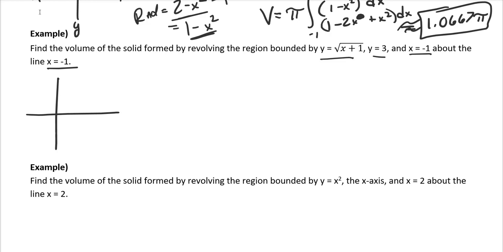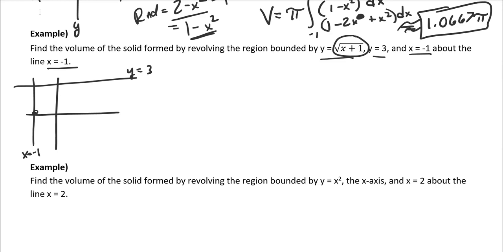Not really. So we have the line x equals -1, so this we'll say is x equals -1. We have the line y equals 3, so we'll say this is y equals 3 up here. And if I plug -1 into this function, I get 0.